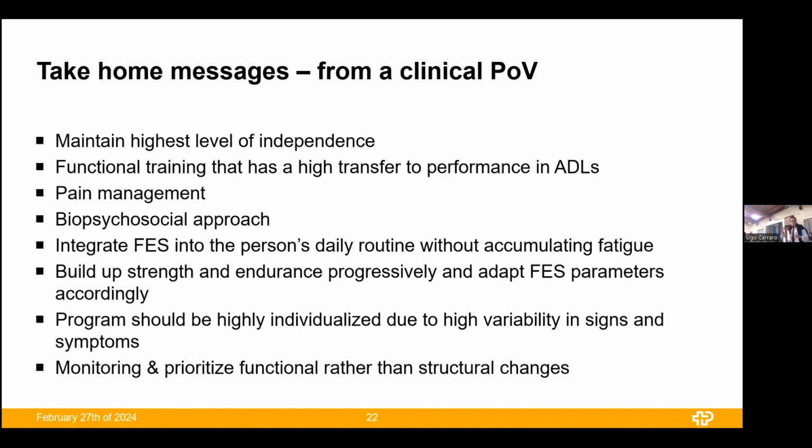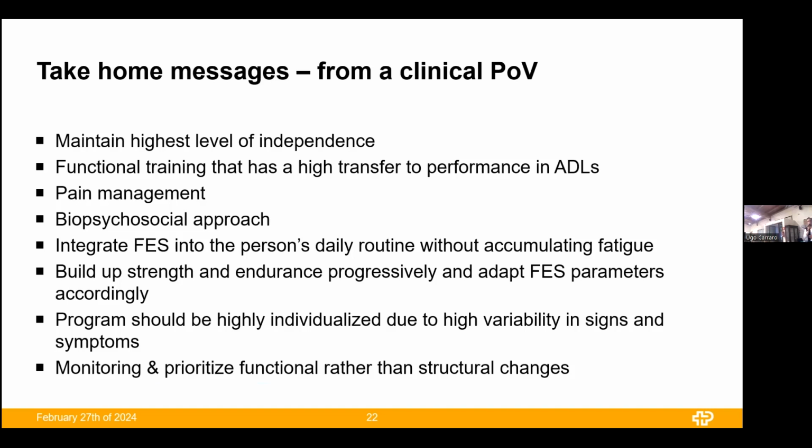What are our take-home messages? So the main goal in people with muscular dystrophies in general is to maintain the highest independence in ADLs, so in activities of daily living. And that is also what the stimulation or the training, the therapy you do, should focus on.